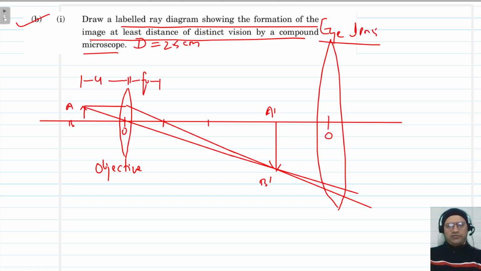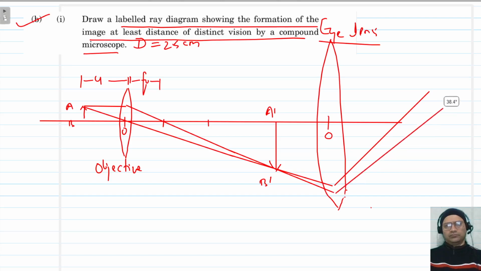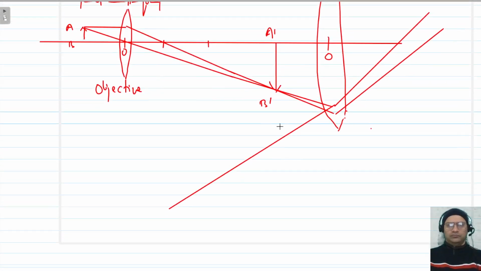Now the rays of light get refracted from here. Image is formed when they are produced backwards.